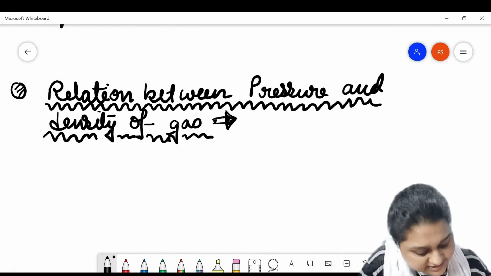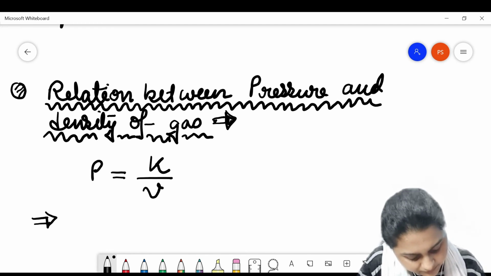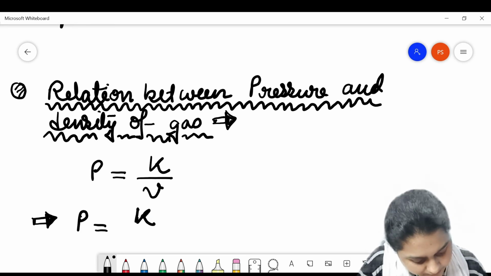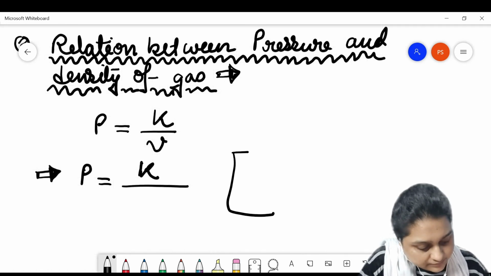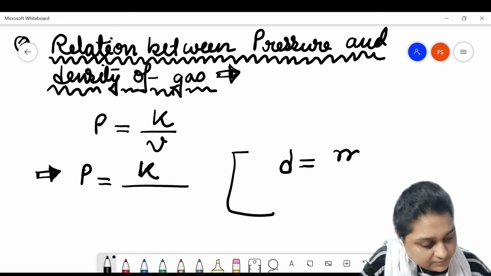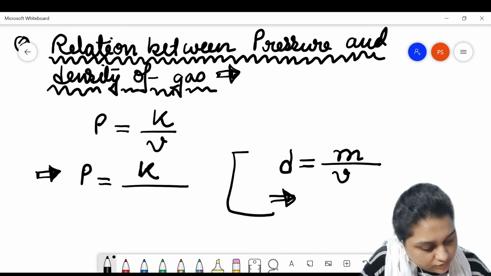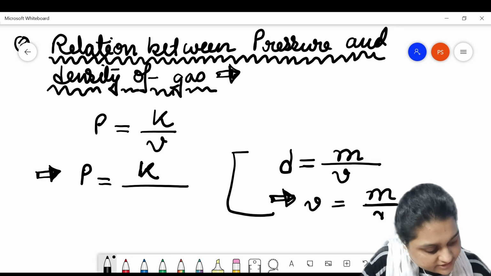Boyle's law says that P equals to K by V. We know that the density of gas, D, can be represented by the mass of the gas by the volume of the gas, or volume can be written as mass by density.